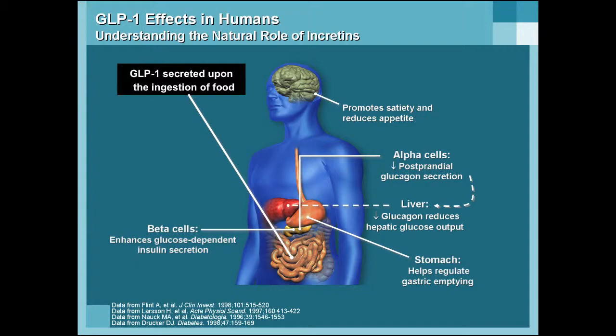They also delay the gastric emptying so that instead of having a rapid rise of glucose after we eat, there's a more flattened rise. And finally, and importantly, there is a center in the brain called the satiety center, which causes us to stop eating, and they will increase that satiety center so that our appetite goes down.